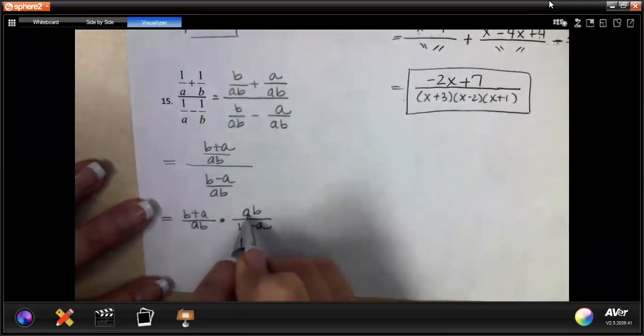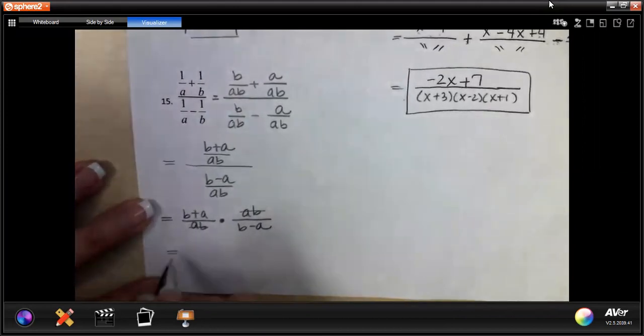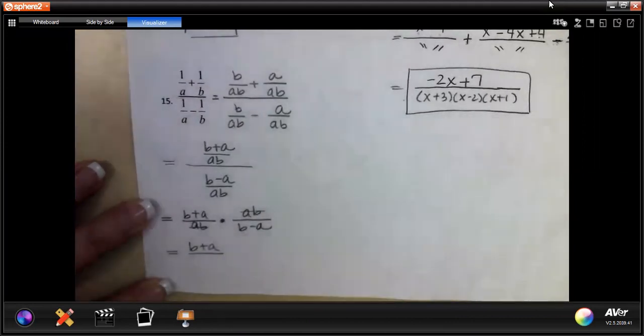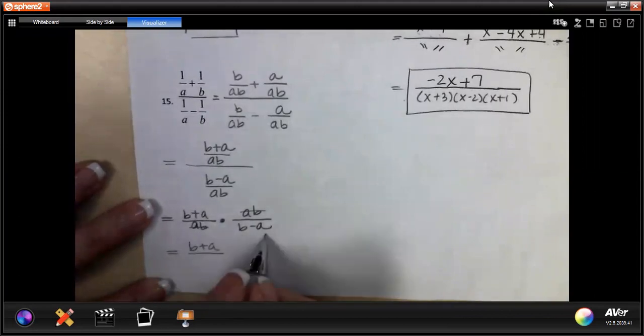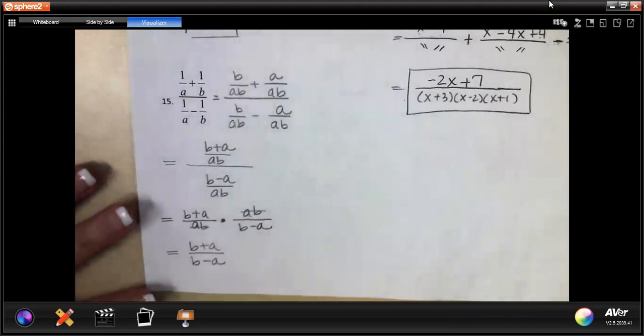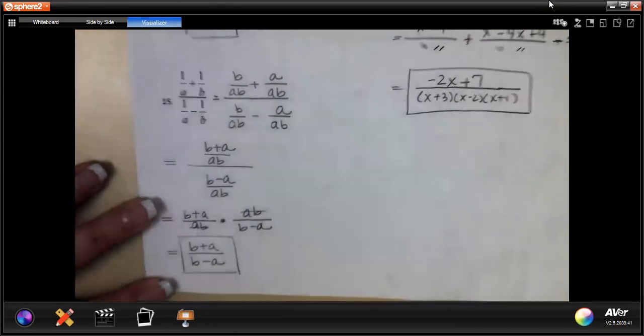So we have an AB and an AB in both the numerator and the denominator. Now we're ready to multiply. And so B plus A times 1 is B plus A. And 1 times B minus A is B minus A. That is as far as we can go. So that would be my answer.